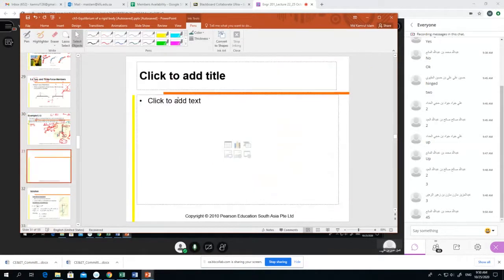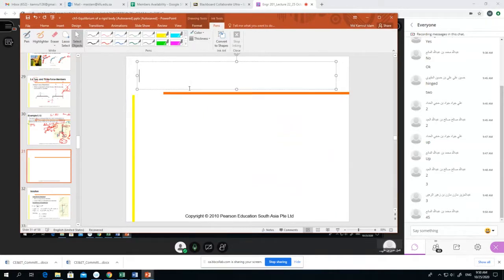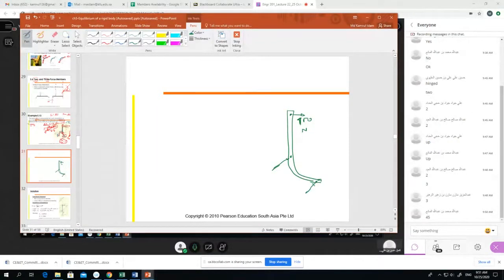I take a new slide because I need some empty space. So I draw it again for you. You have this ABC member, and here you have the 400 kilonewton force working at B. At A you have RA. So I need to draw it more clearly.